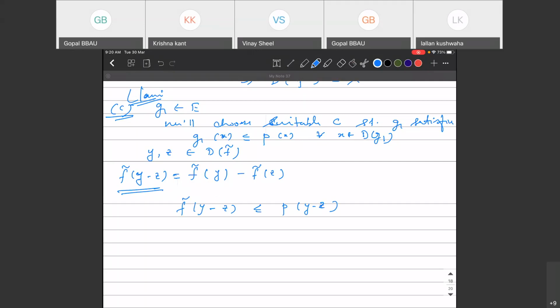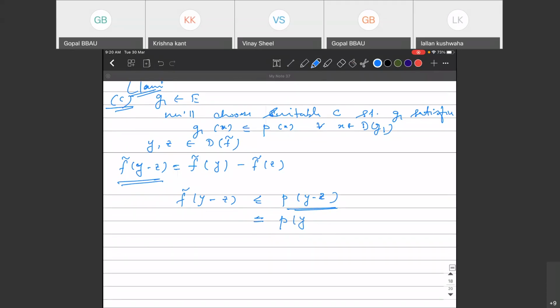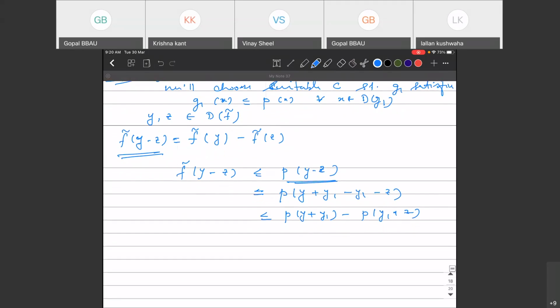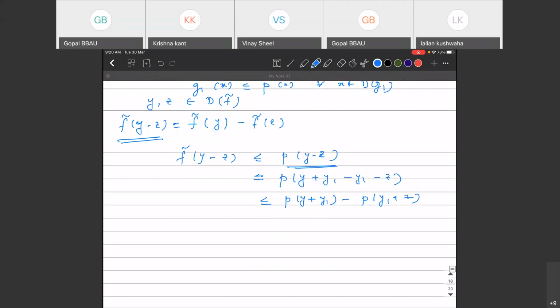And you know p is a sublinear functional. So we add and subtract y1 and use the definition that p is sublinear. We will get this.